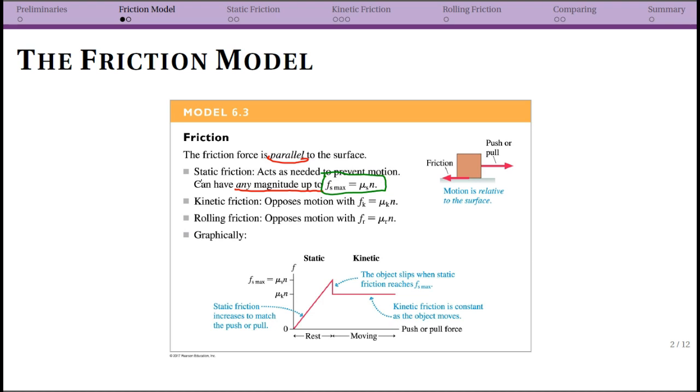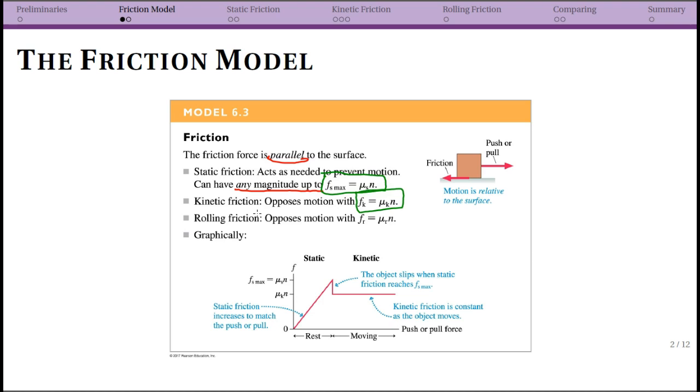The second type of friction is kinetic friction, and this opposes the motion, and in this case we have a fixed value. Once it's sliding, we know what the force of friction is, and this is the kinetic friction force. That one in a way is simpler, but you have to recognize when that's the scenario you're in.